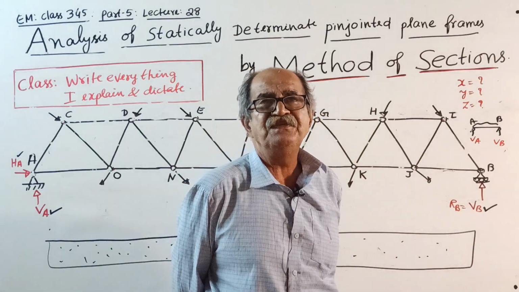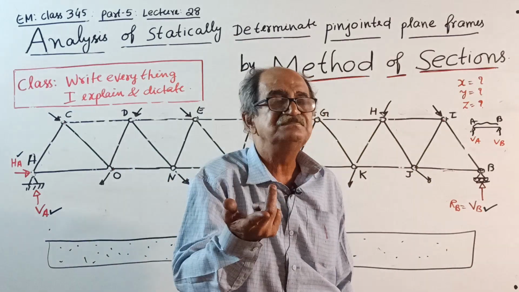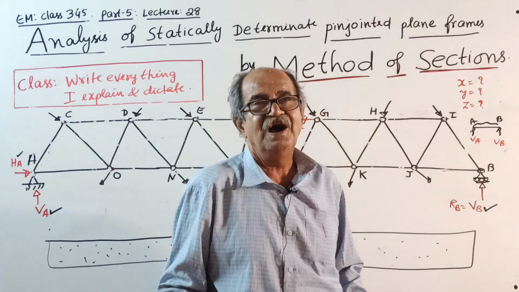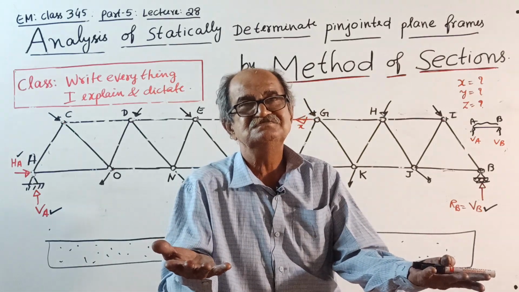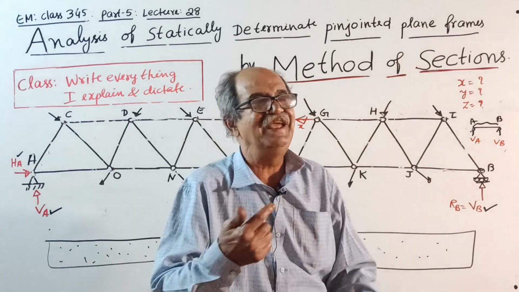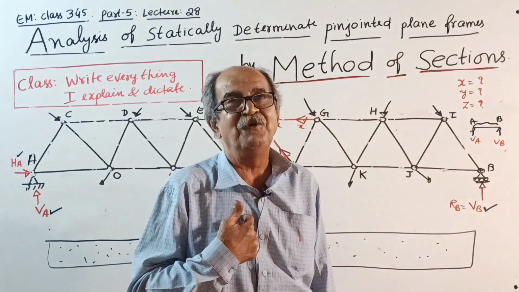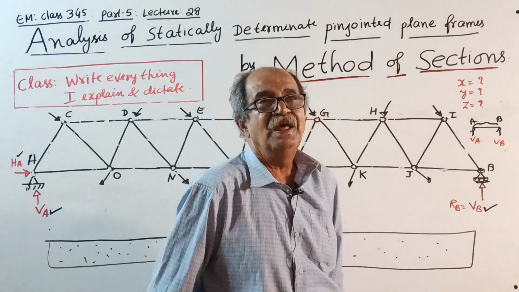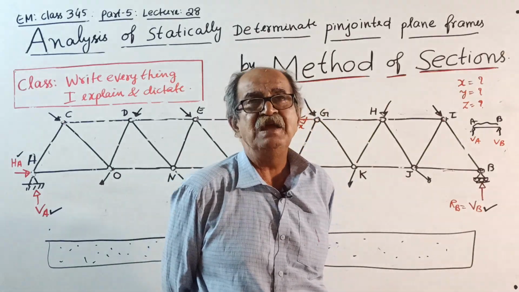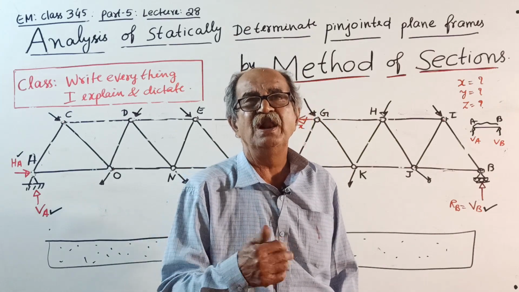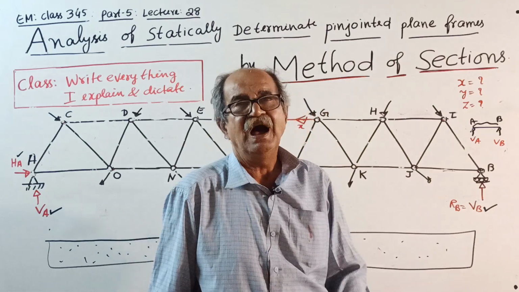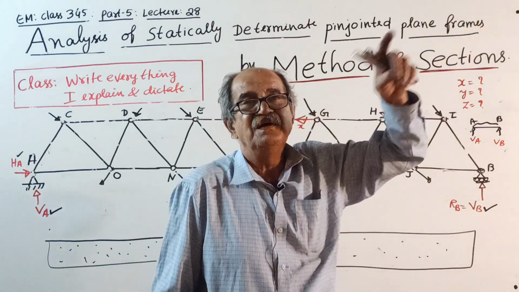When you apply it a second time, about some other point, unknowingly for you, but knowingly for me, applying sigma M equal to 0 the second time is nothing but applying sigma V equal to 0 only. Why? I will tell in that class.